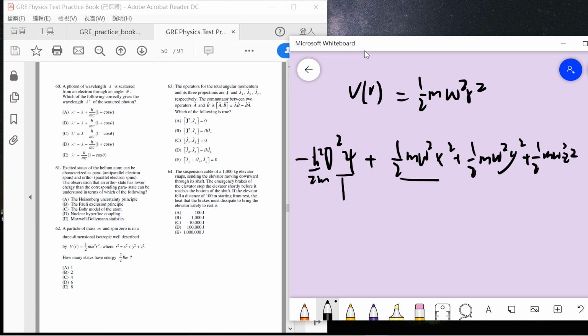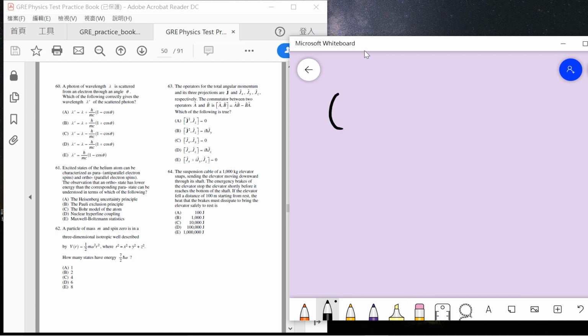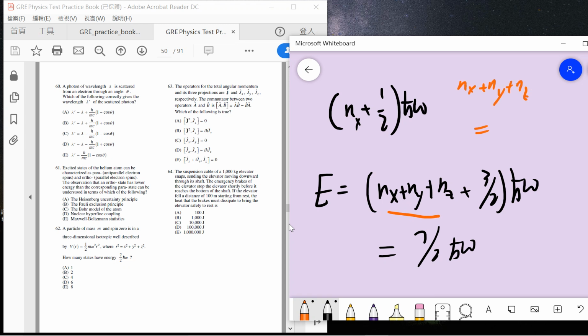If you write down this Laplacian into the derivatives, you can see that the partial x part, partial y part and partial z part are all independent of each other. So this is the single harmonic oscillator energy spectrum. The total is nx plus ny plus nz plus 3/2 h bar omega, equal to 7/2 h bar omega. So this gives you that nx plus ny plus nz is equal to 2.